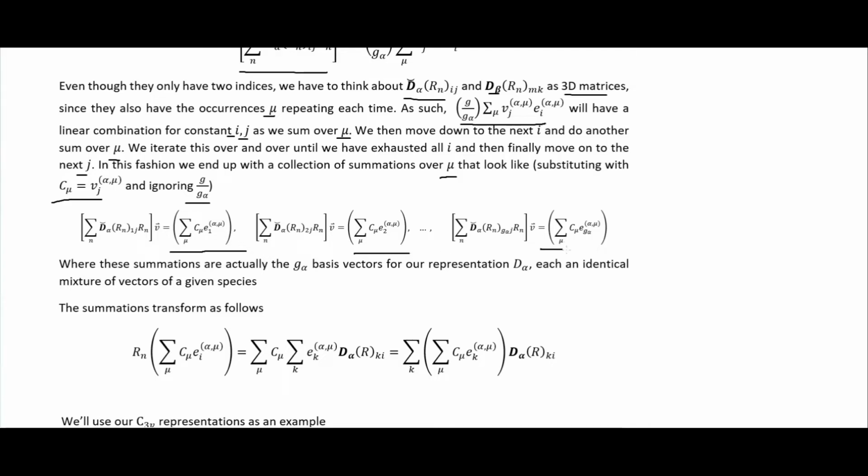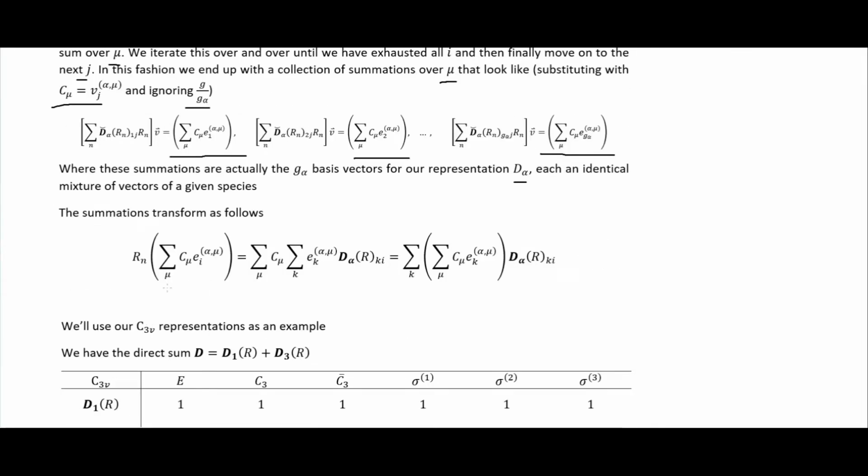And these summations are actually acting as basis vectors for our representation D alpha, each of them with an identical mixture of vectors of a given species. So the summations transform like this: we act our symmetry operation on this, and we end up getting this sum over k of our basis vectors times our matrix here.